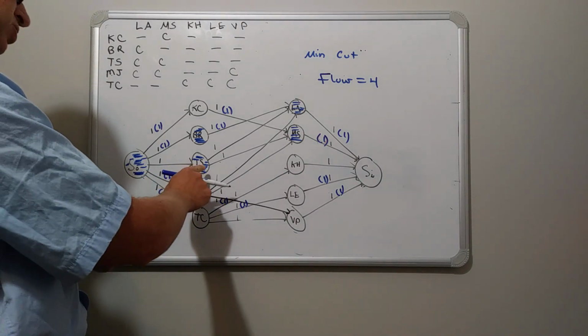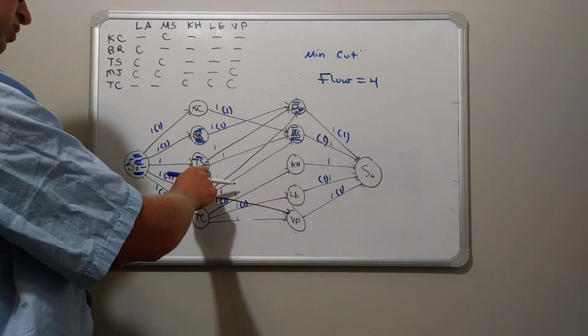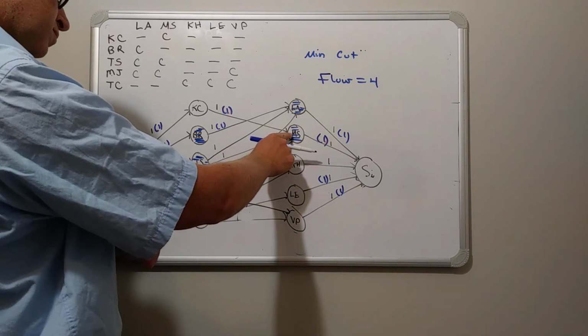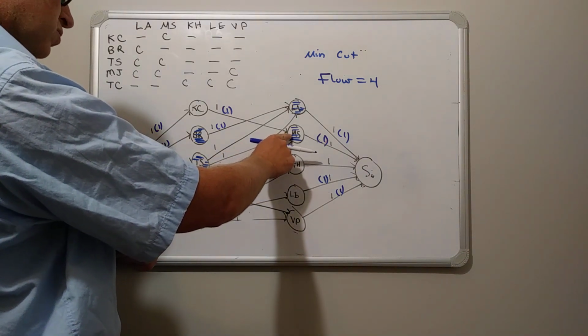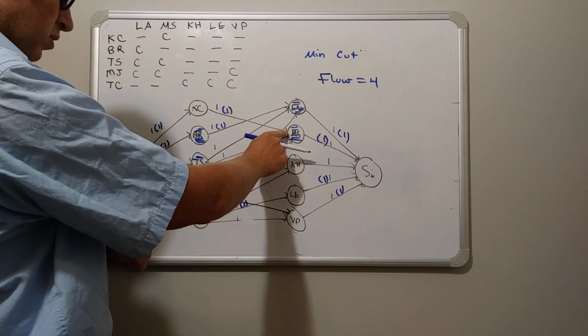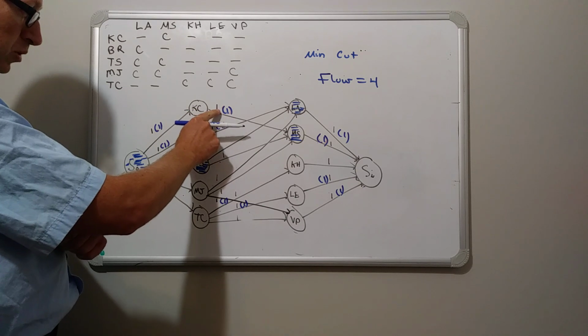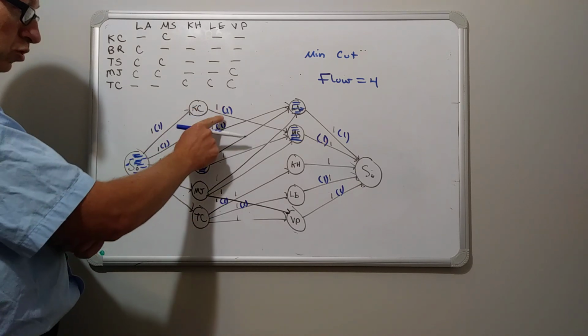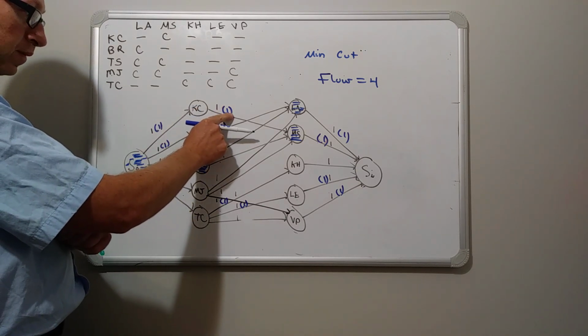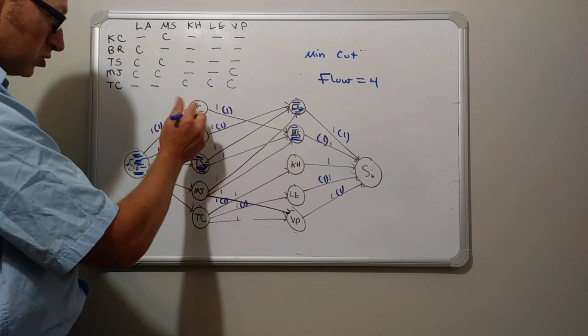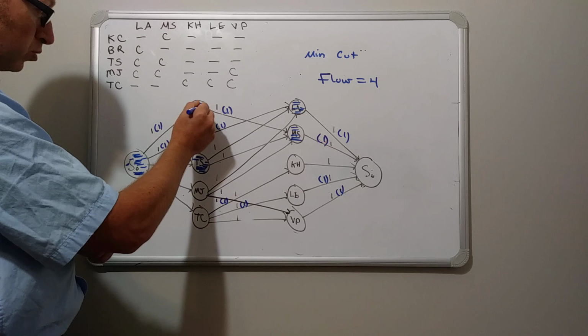Going back to TS, we can get to MS. MS, you can backflow from MS back to KC because there's a positive flow on this arc from KC to MS. So what that means is KC is reachable.